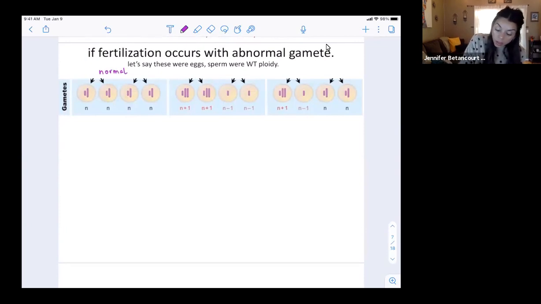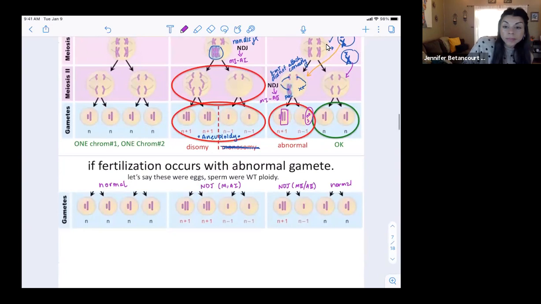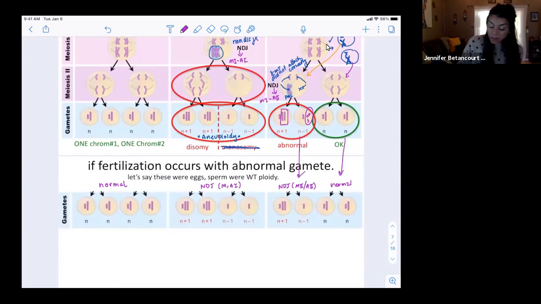This is when non-disjunction happened in anaphase 1 as a product of metaphase 1. And this is when non-disjunction happened in anaphase 2 for one of the cells, but this one is normal, right? We just finished talking about that. It's the same thing, we're just carrying this stuff down, okay?